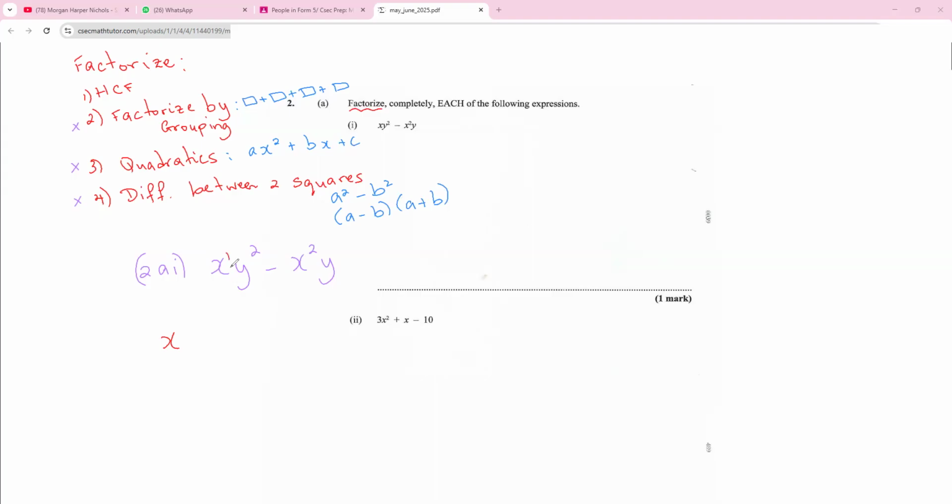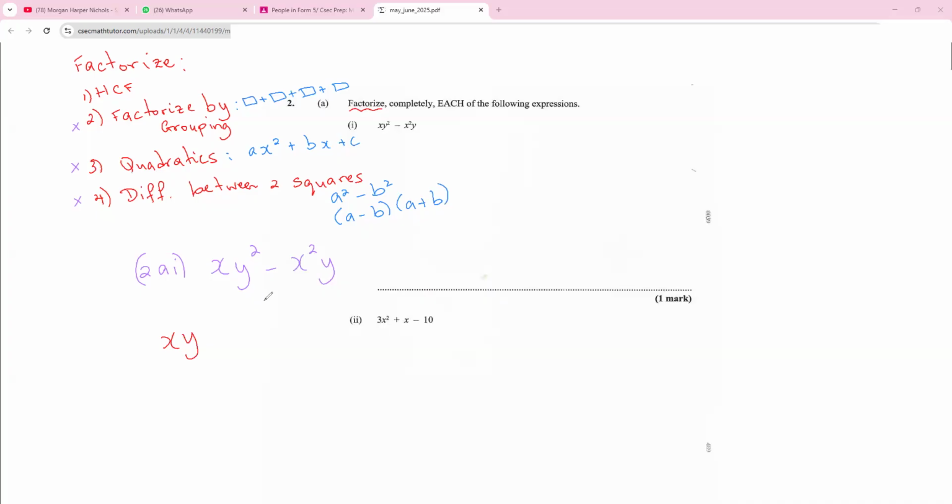So for this x, the power is 1. If there's no power, we understand it's 1. This one is x squared. So we're going to pull out the one with the lower power, which will be just x to the power of 1. But we don't have to put in 1 because it's understood. I have y's throughout, so I'm going to pull out the y with the lower power. This one has no power, so we understand it's to the power of 1. So we pull out xy.